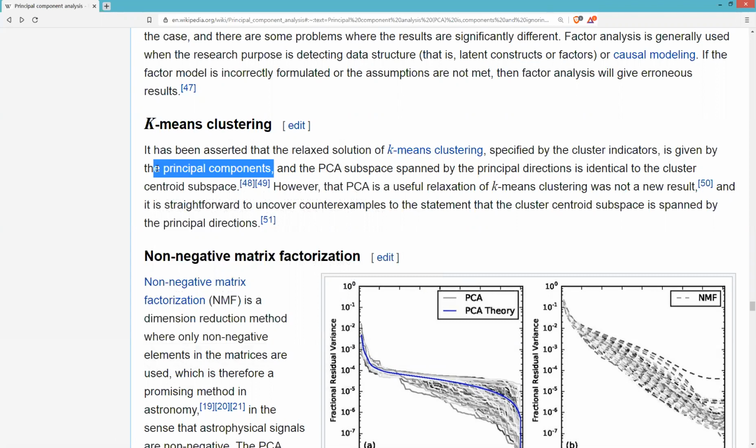Okay, so principal component is very useful. And the PCA subspace spanned by principal components is identical to the cluster centroid subspace, which means that instead of doing clustering analysis in the original space, you can reduce dimension and do clustering analysis in the reduced dimension. Then maybe you can have a clearer result.